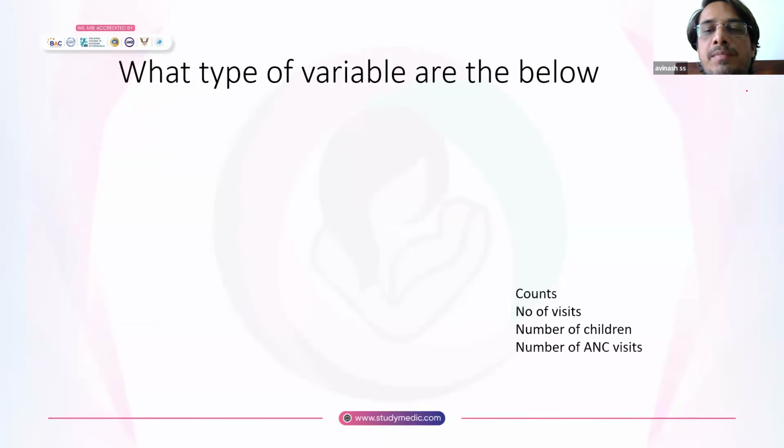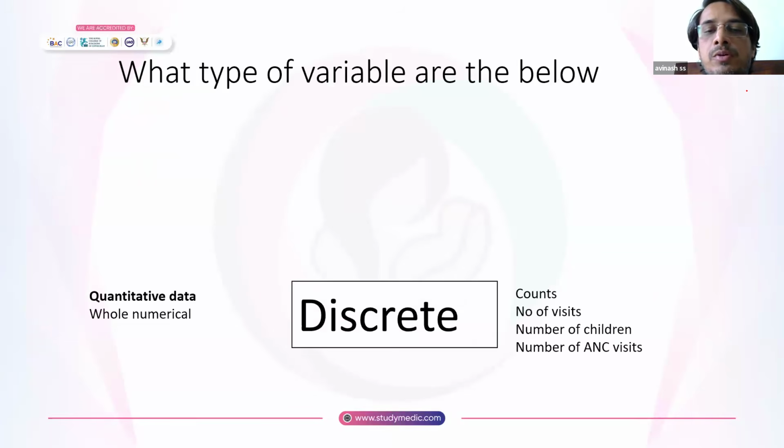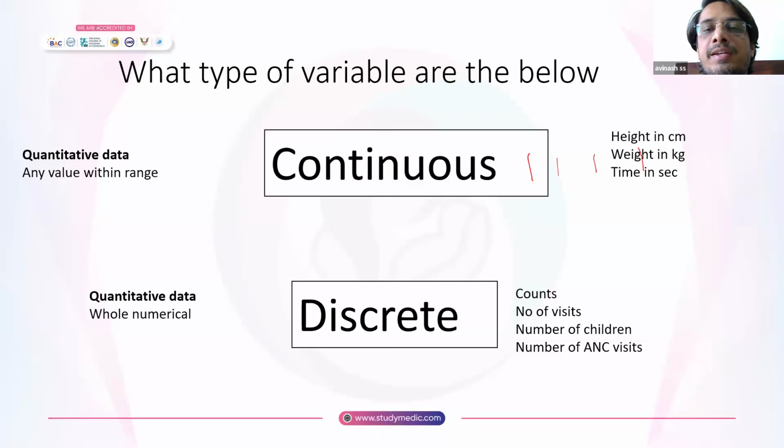Now, what type of variable are these? For example, number of children, number of ANC visits. They are also quantitative variables, but they can be classified as discrete, because they cannot assume any value in the spectrum. They can assume only whole numerical counts, 1, 2, 3, 4, like that. Whereas height, weight, time, etc., can assume any value in the theoretical spectrum.